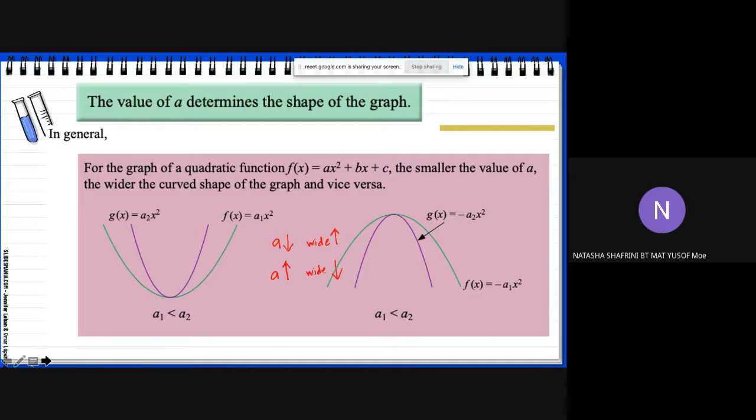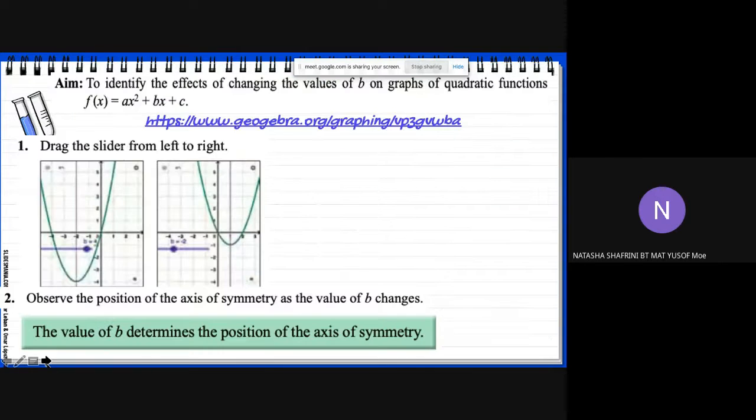Okay, clear. Okay, good. Okay, next. Ni apa pula jadi kalau kita tukar, identify the effects of changing the value of B. Now, A cikgu tak sentuh, C cikgu tak sentuh, cikgu nak tukar B. Change B on graph of quadratic function.